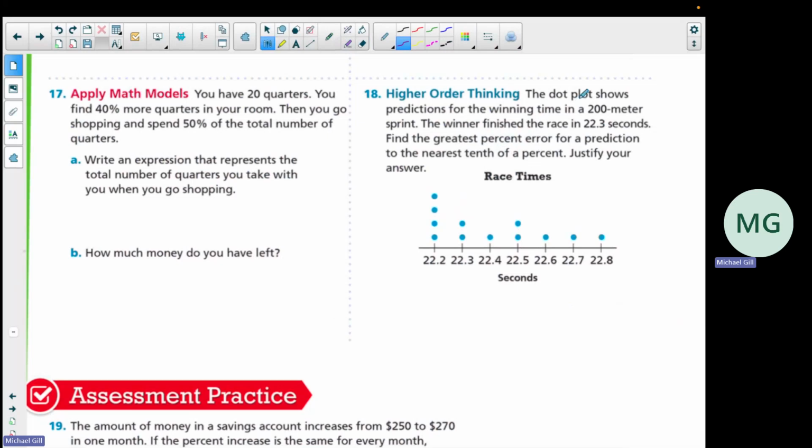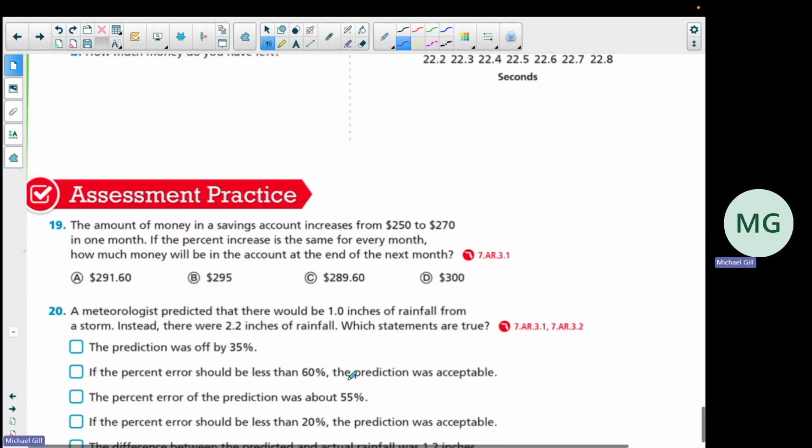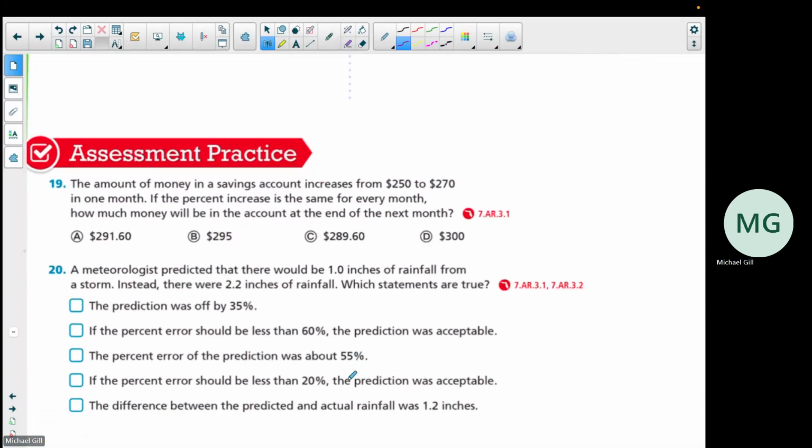So here you go. It tells you the prediction. So these would be the estimates. It doesn't specifically say estimate, but I'll probably just say estimate. When it says something like that, that's more like what they'll need to know, something that's pretty obvious. So these are all predictions. If you don't understand what this graph means, don't worry about it. It won't be this hard either. So again, predicted. Here's a percent error problem.